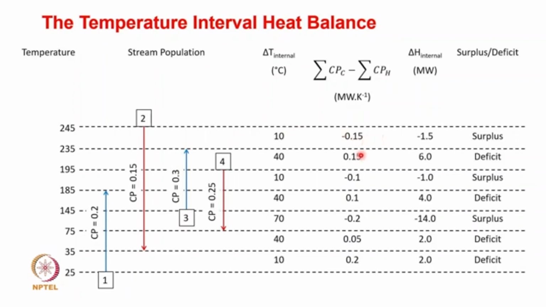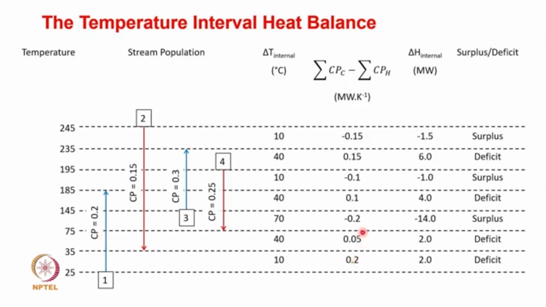Okay. And when we come to the next interval, of course there is a cold stream and a hot stream. The CP value of the cold stream is 0.3 and the CP value of the hot stream is 0.15. So the difference between 0.3 and 0.15 is plus 0.15. In this way you populate the entire CP values. For instance, in the last row, only one cold stream has a CP value of 0.2.